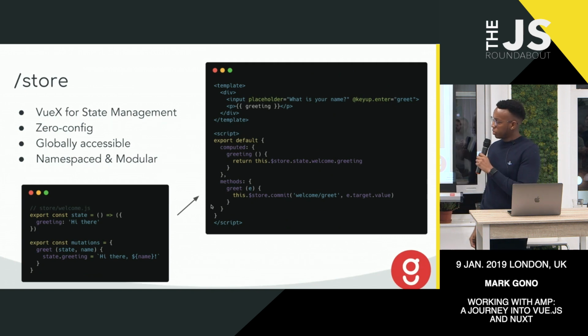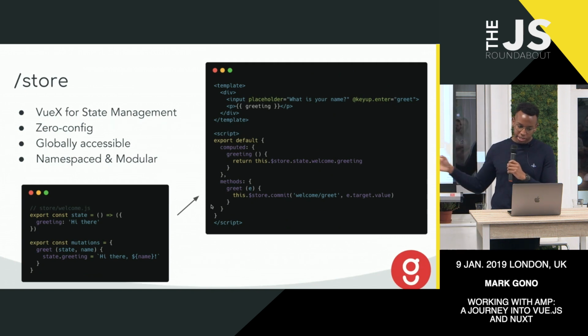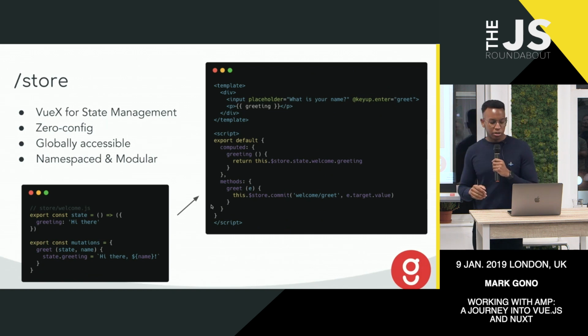So for instance, if we were to create this welcome.js, this is a fairly simple piece of state. It contains a greeting, which is a string, as well as a single mutation, which takes in a name and then updates that string. And then we can use that in our templates in the pages directory simply by creating a Vue single file component. That component uses computed properties.